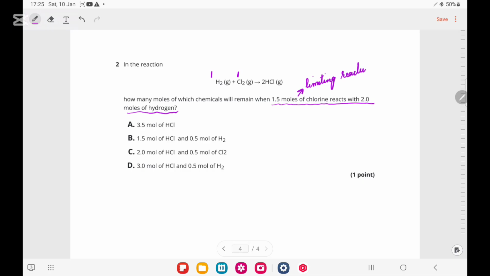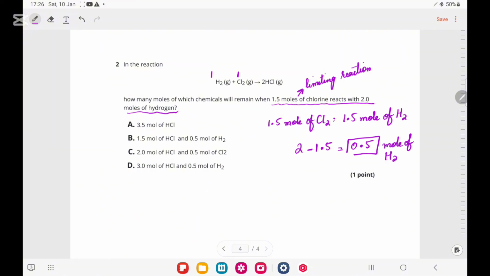And if it is 1:1, then 1.5 moles of chlorine reacts with 1.5 mole of hydrogen. So if there are 2 mole of hydrogen, then 1.5 is going to be subtracted and it comes out to be 0.5 mole of hydrogen remaining.